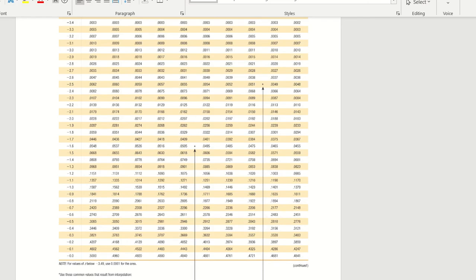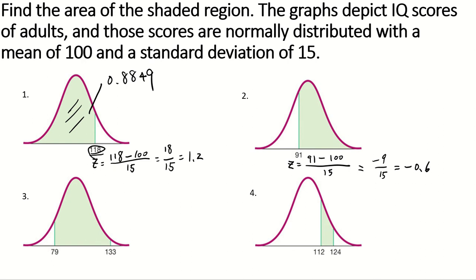After getting the z-score, you can go to the z-score chart under negative 0.6, which is over here. You can find the value 0.2743. So, which is this area, 0.2743.